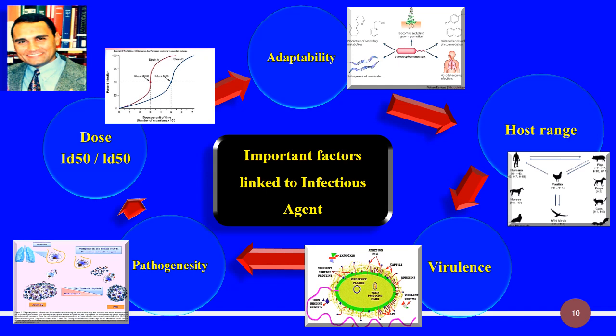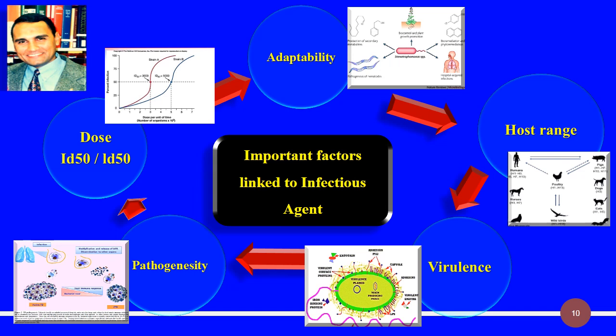The important factors linked to infectious agents. Number 1, adaptability. That means they pervade, spreading throughout the hosts.